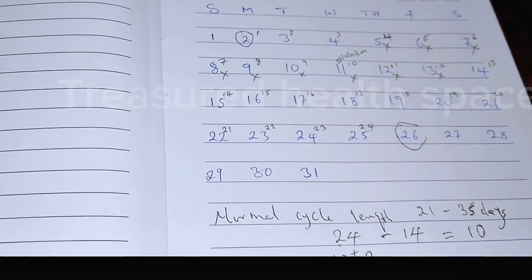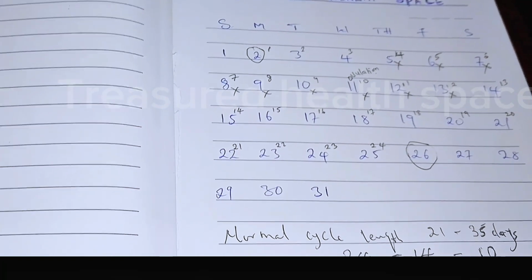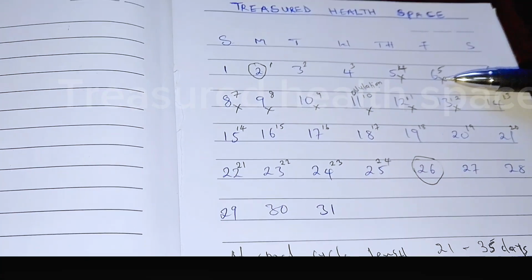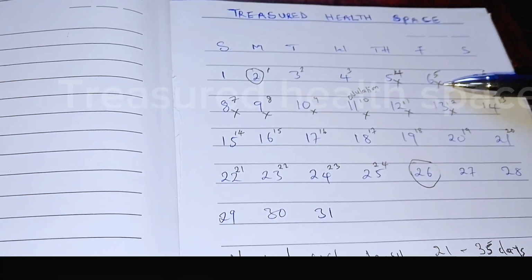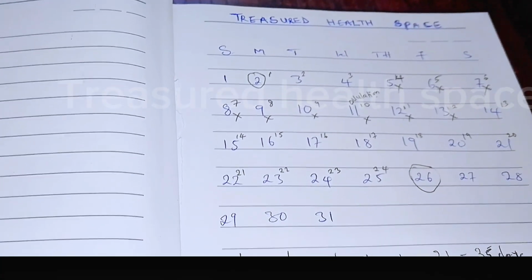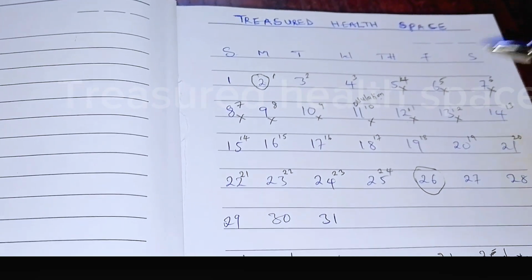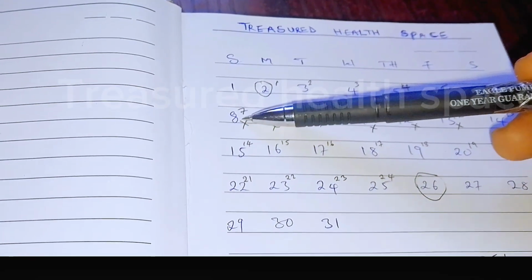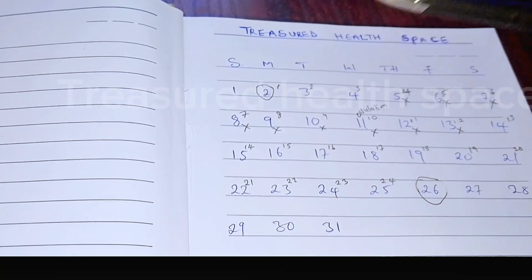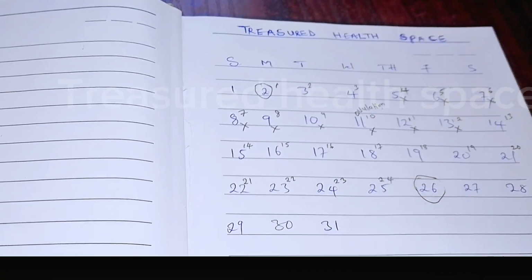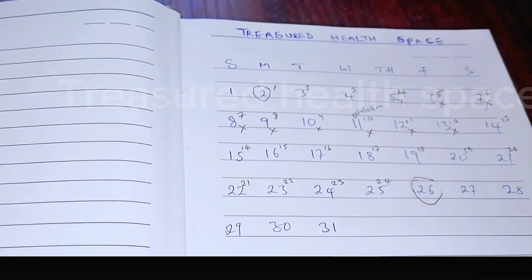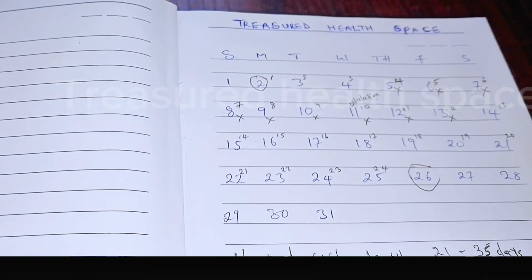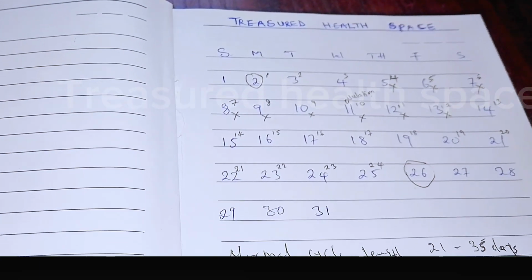Because the sperm lives 3 to 5 days, let's assume she had intercourse on day 5 of her period, and the sperm decides to live for 3 days. This is day 1, day 2, day 3. It dies off on the 8th of this month, and let's say she ovulated on the 9th, which is the day 8 of her period. You can see that the chances of getting pregnant is slim.